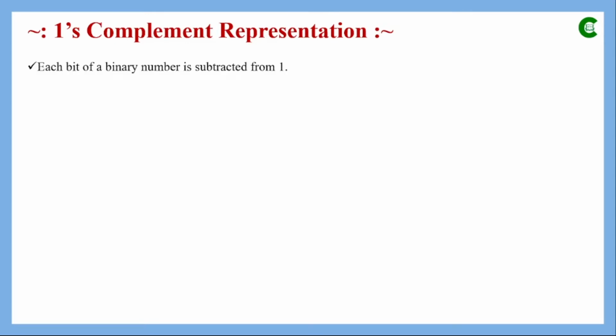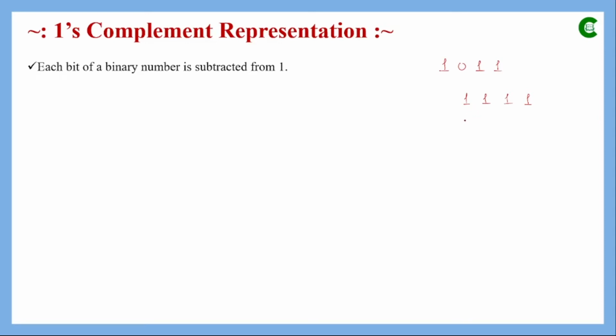So first we have to know how we can find the 1's complement of a given binary number. Suppose we have a number like this, 1011, then how can we find the 1's complement of this given number? We know that we have to subtract from a number having the same number of bits, and in every position we have value 1, which is the maximum possible value in the binary number system.